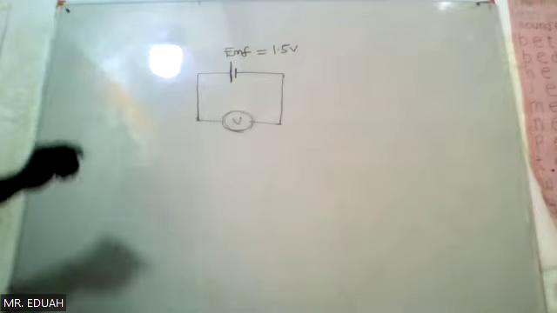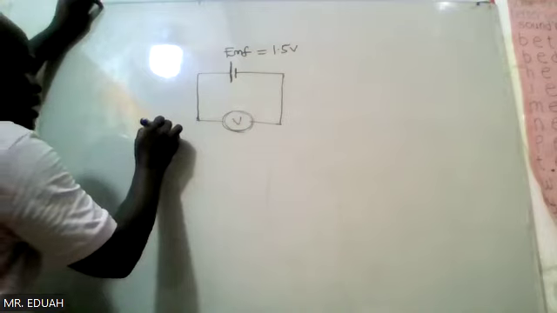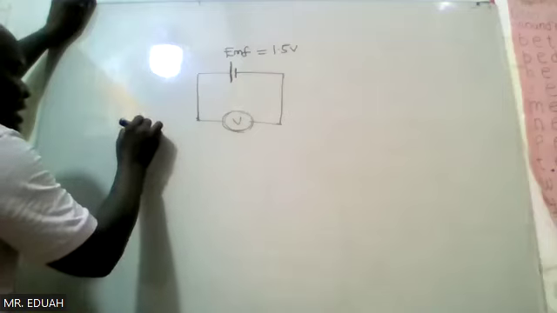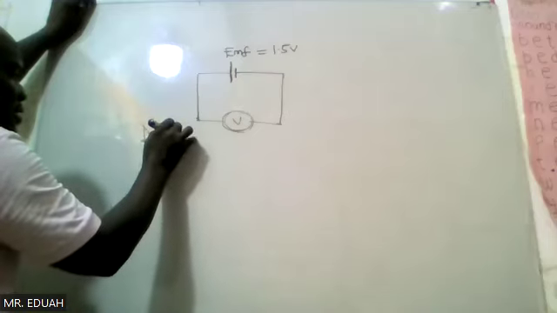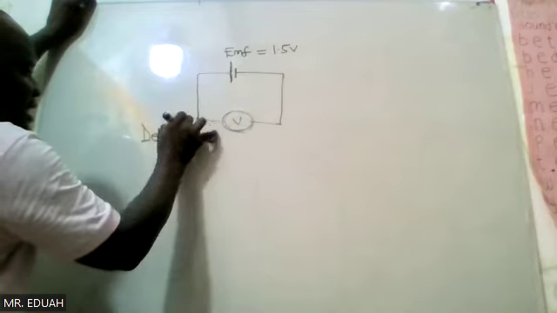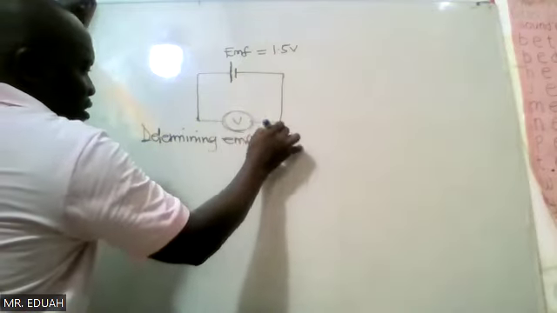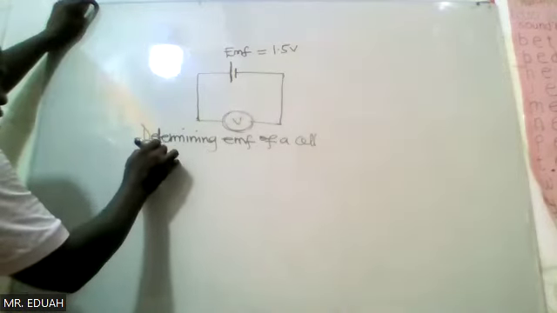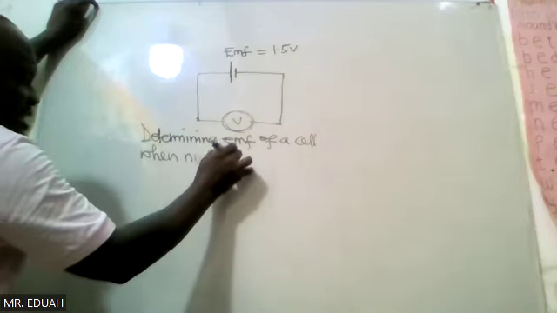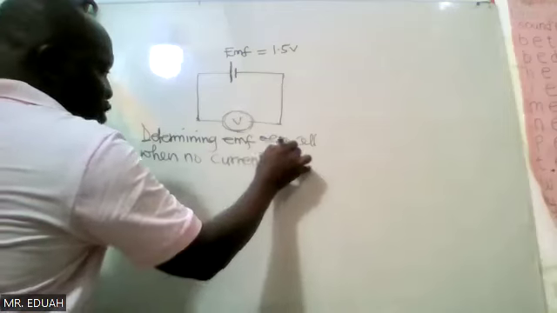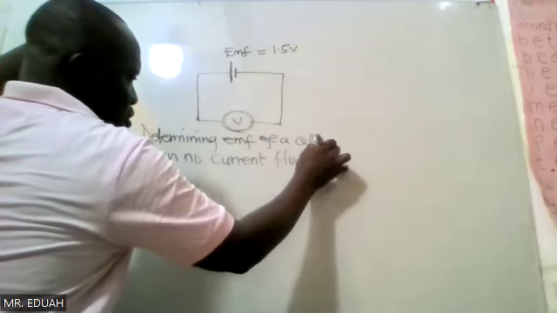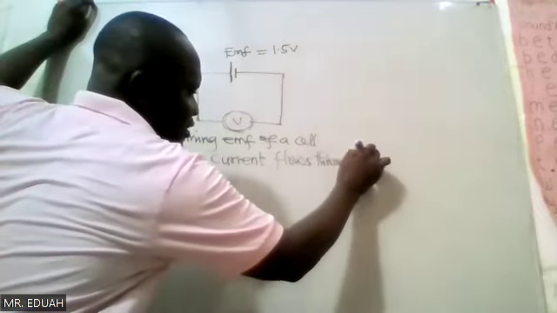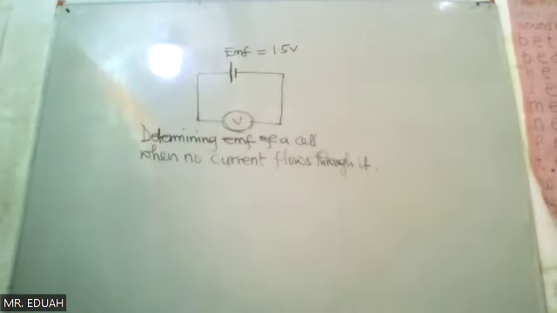And we term this, when you are determining the EMF of a cell or a battery, as determining it when no current flows through it. The 'it' refers to the voltmeter.